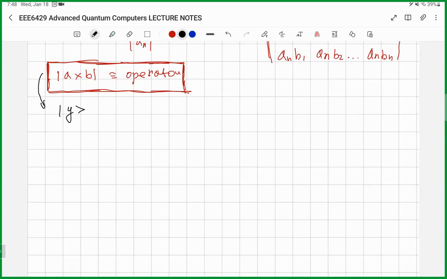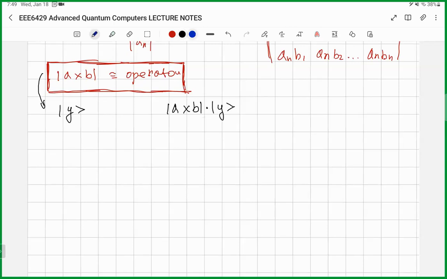It's an operator, so this operator can act on any vector from this linear space. So we write this ket-bra operator a b, and it acts on a vector y, any arbitrary ket vector from the space.